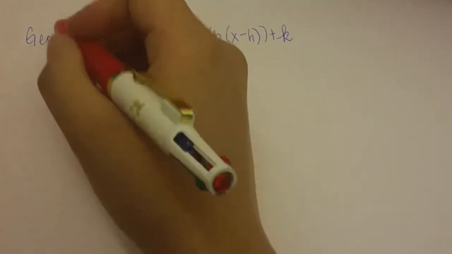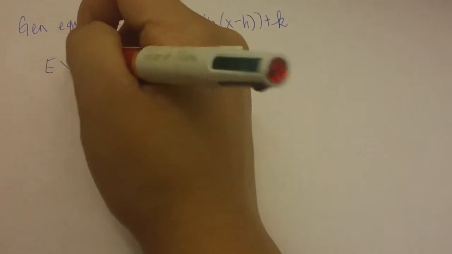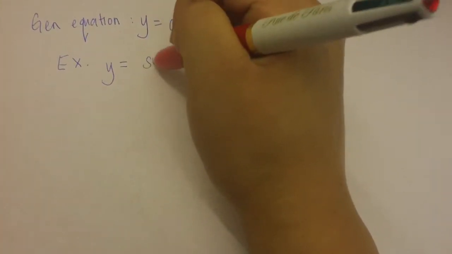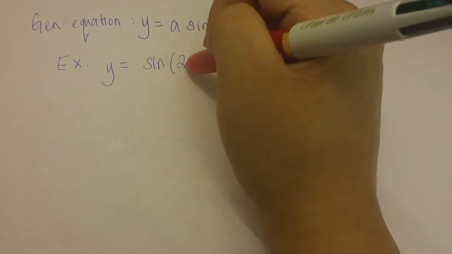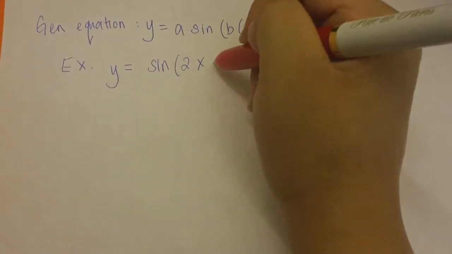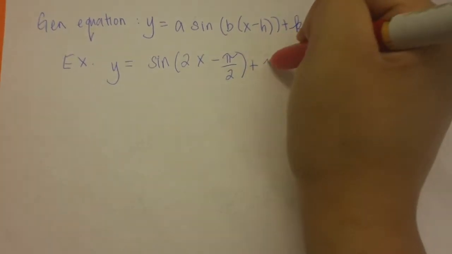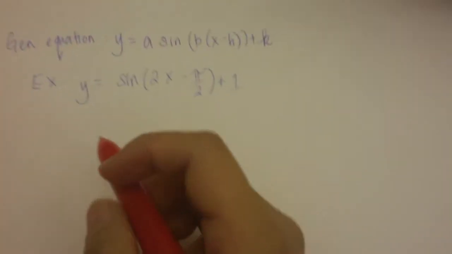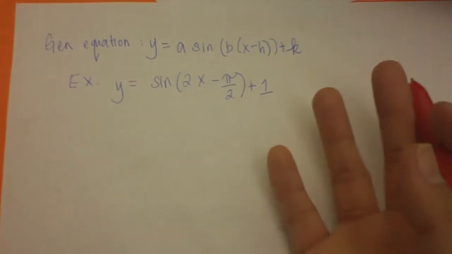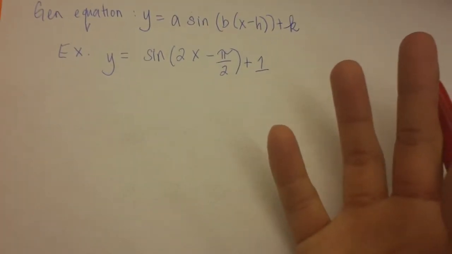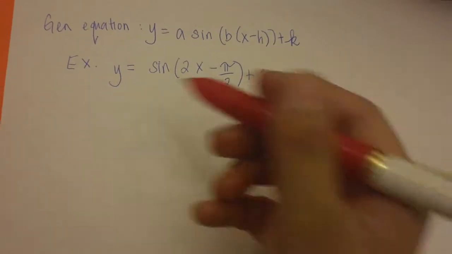So let's do an example. Say it's y equals sine of 2x minus pi over 2 plus 1. Okay? So the way you graph sine and cosine functions with a period change works exactly the same way as you've been learning how to graph sine and cosine functions.